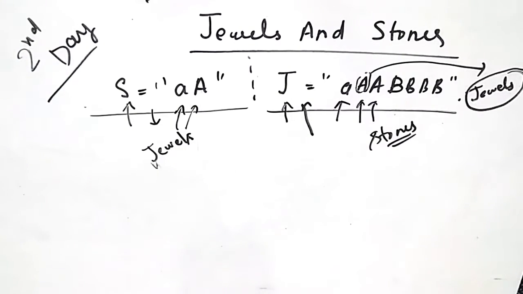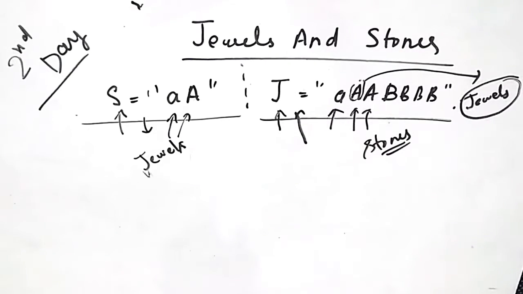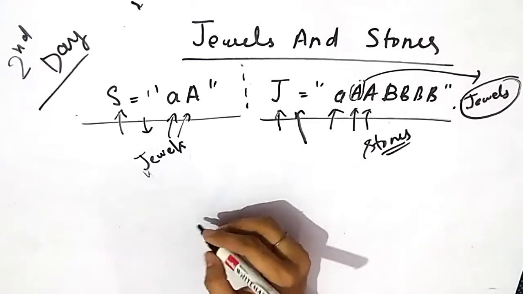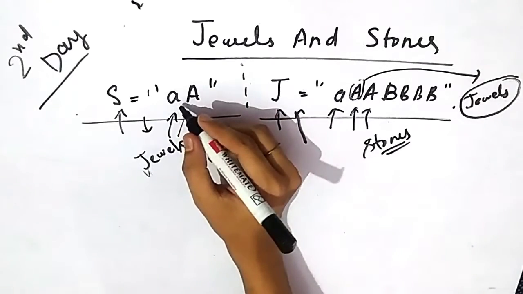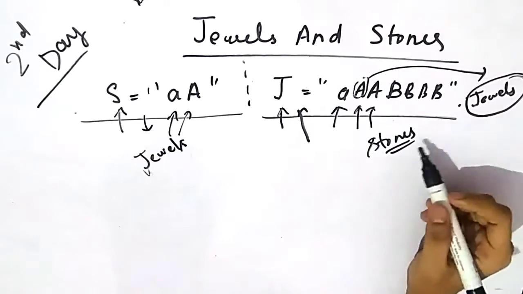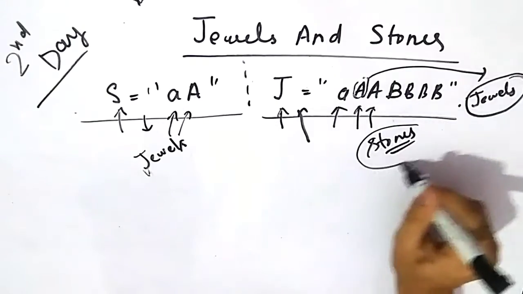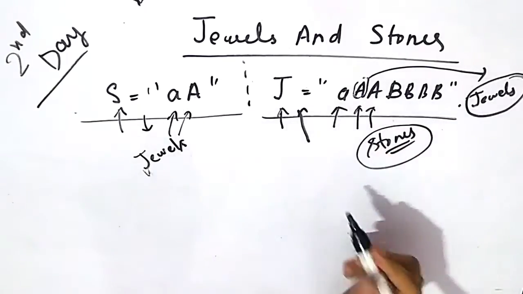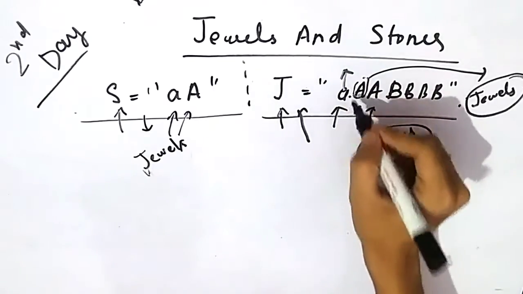As many of you know about hashing, hashing stores the frequency. Why do we do hashing? We do hashing for remembering something. The question is that you have to find the stones which are jewels. So let's see for this example: is this stone a jewel?